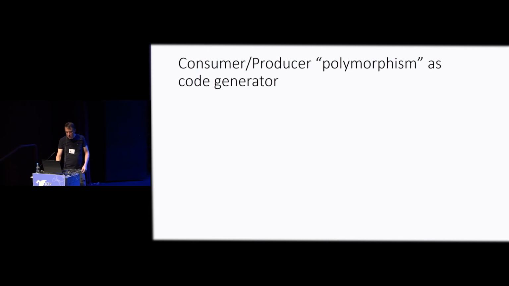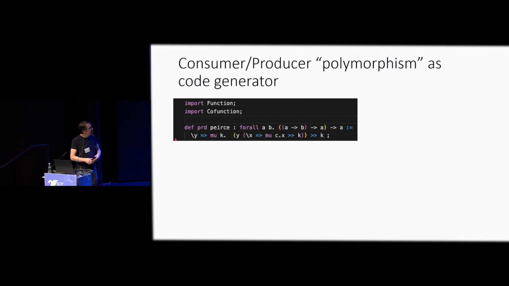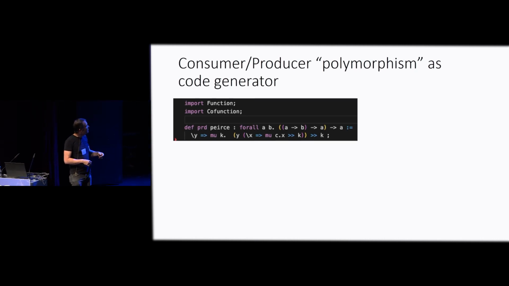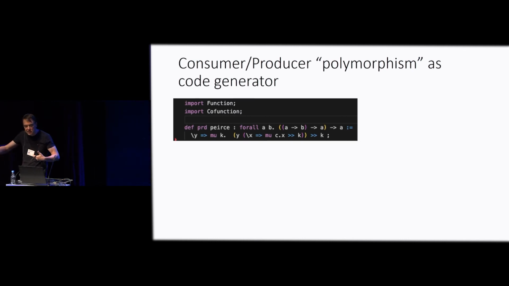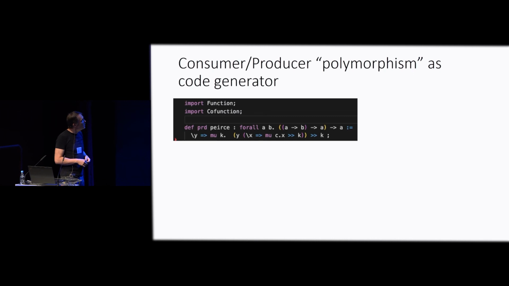With regard to producer-consumer polymorphism, we have a first step towards that as well. I wanted to show you a brief example here. For instance, this is a function that's basically the call/cc function written in Duo.